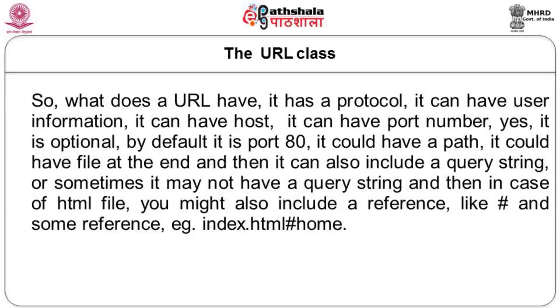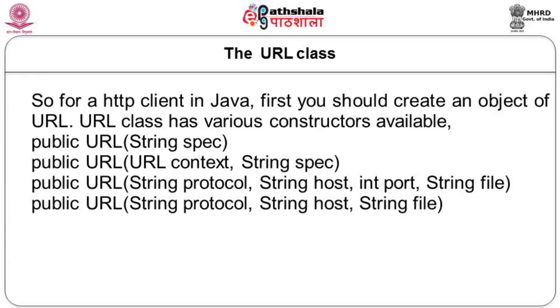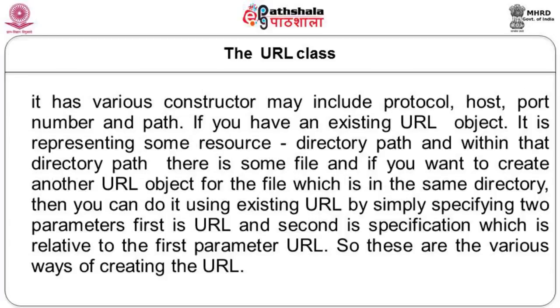Okay. So the first step, you should be creating an object of the URL class. URL has various constructors available. The simplest thing would be you can create a URL by just specifying the whole string as a simple string. So some HTTP string, the URL string, can simply be used to create an object of the URL class. Or you may provide some information in various parts.